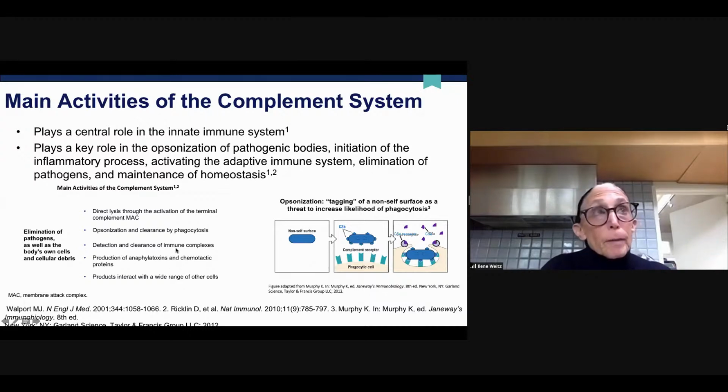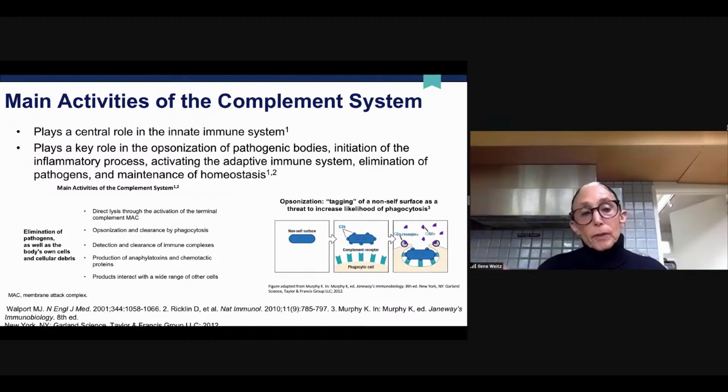There's detection of immune complexes. Immune complexes will trigger more complement activation, and that can produce anaphylatoxins and chemotactic proteins. C1s, for example, activates the production of pentraxins.